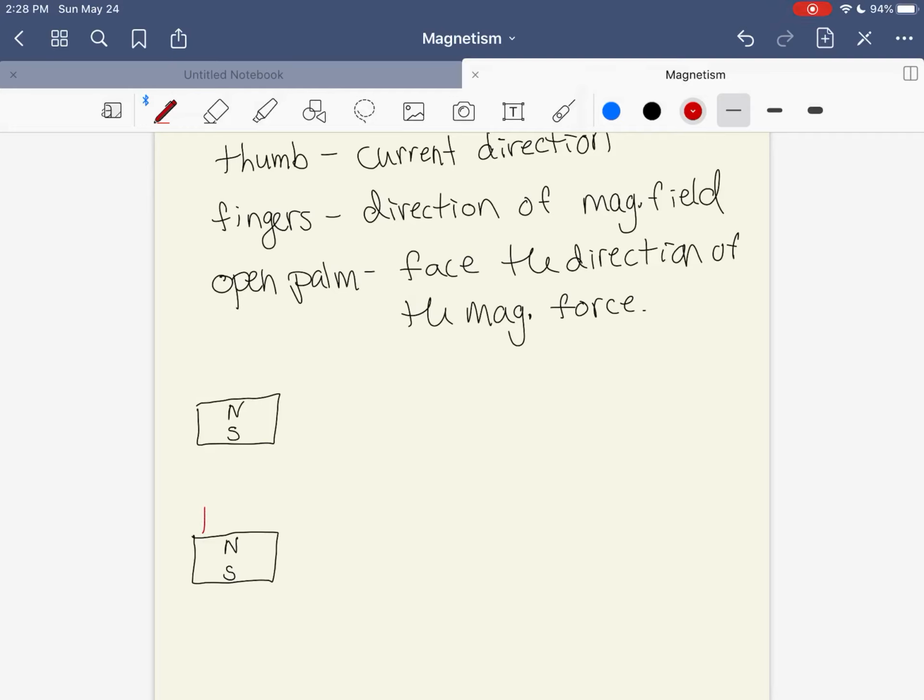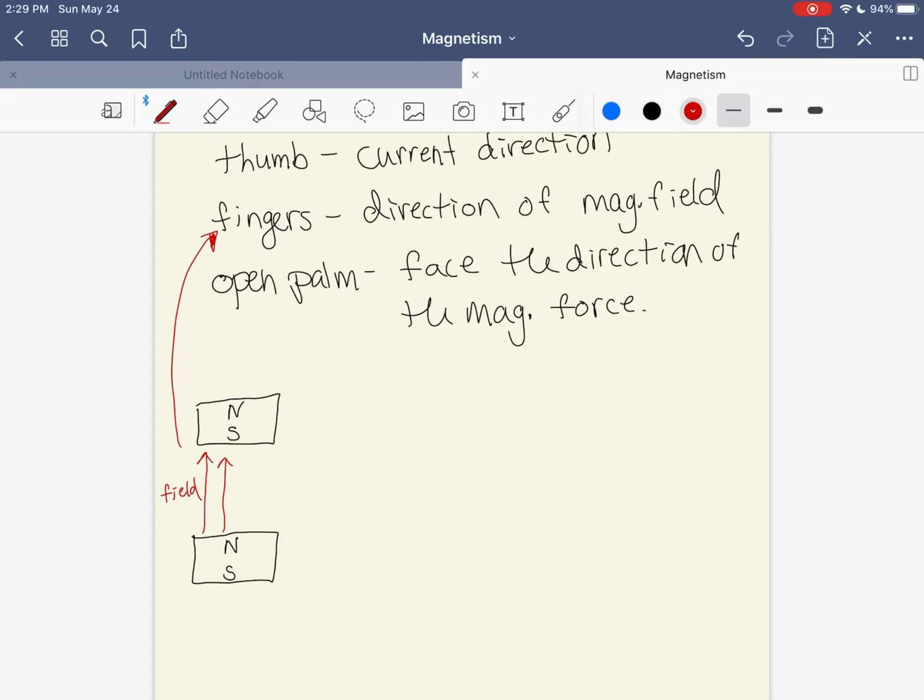Magnetic field lines go from the North Pole of one magnet into the South Pole of the next magnet. So that's the magnetic field, which relates back to the fingers of our right hand. In this scenario, our fingers are going to have to point up, because that's the direction in which the magnetic field lines are going.